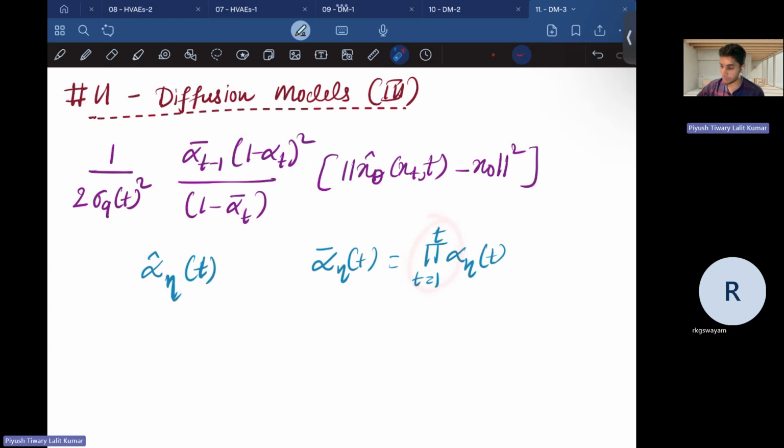You will have to pass t equal to 1, t equal to 2, until t equal to small t through your network alpha eta, get all these alphas and multiply them, and then you will get this thing. This is a sort of a bad design choice. If you just parameterize alphas like this, your alpha bars are going to give you trouble.